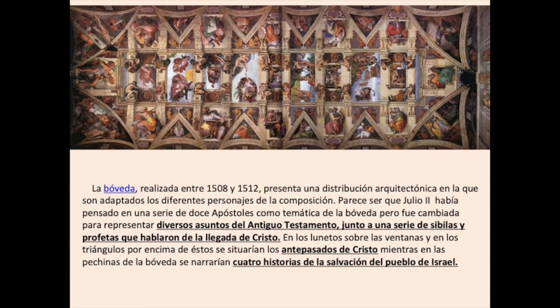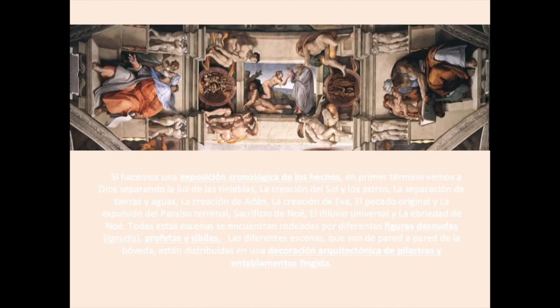So we're going to see that he represents elements of architecture that do not exist, that are only paintings. Here maybe you see these angels or these small, young figures. That's not architecture. That's a fake architecture.